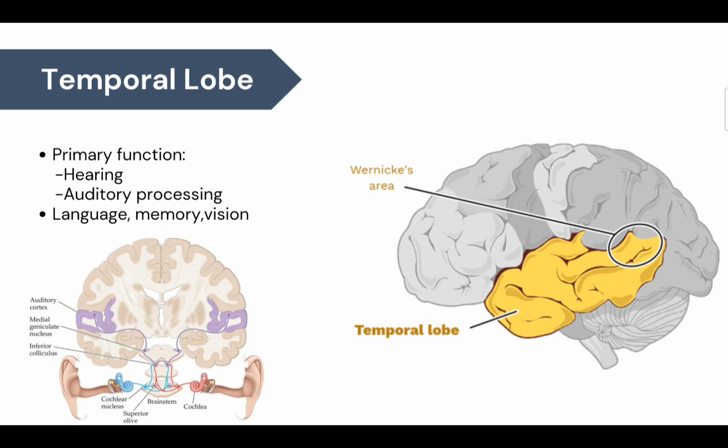Therefore, the temporal lobe also covers hearing, language comprehension, as well as learning and memory. So when you hear something that is a language you can comprehend and learn from, that is the function of the temporal lobe. You hear, you comprehend the language, and you learn from it.